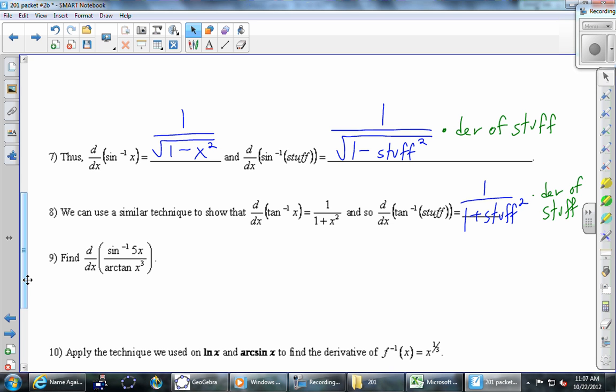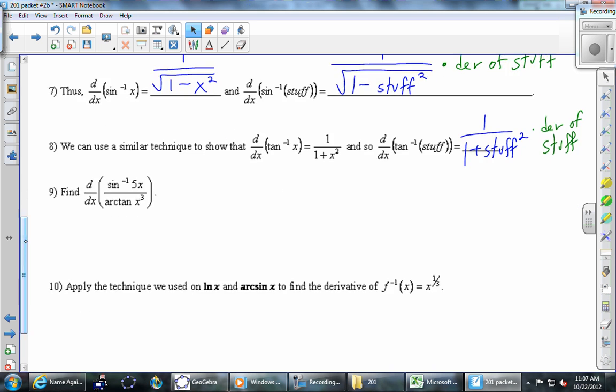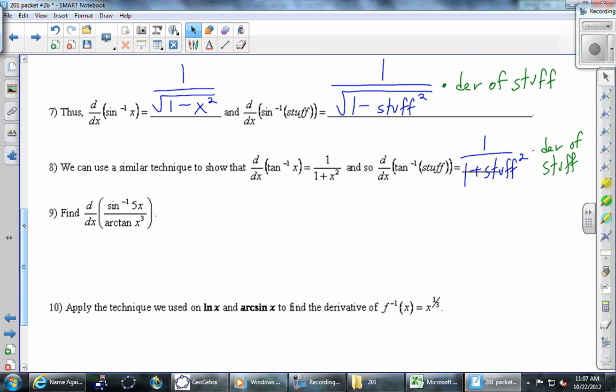Okay, so let's see if we can apply these two rules here to find the derivative of the inverse sine of 5x over the arctan of x cubed. Ugh. All right, first and foremost, what rule is this? This is quotient rule, right? That is a fraction before it's anything else. So take maybe 90 seconds or so, see if you and your neighbors can agree.